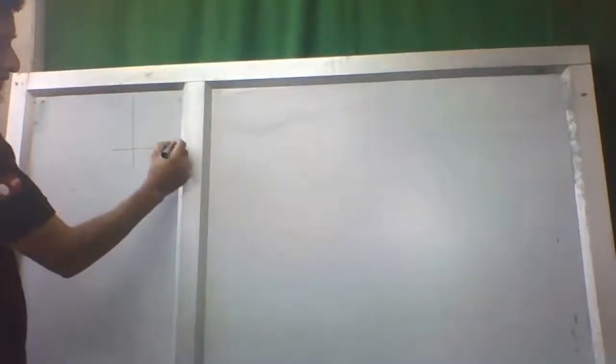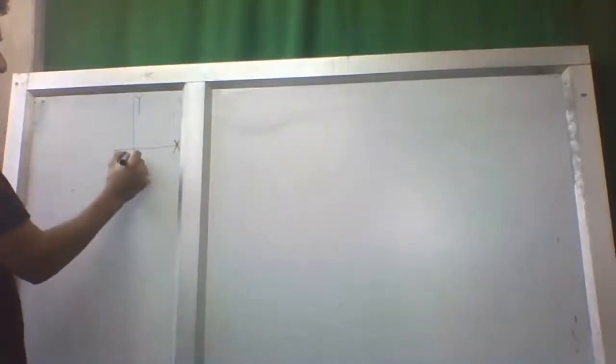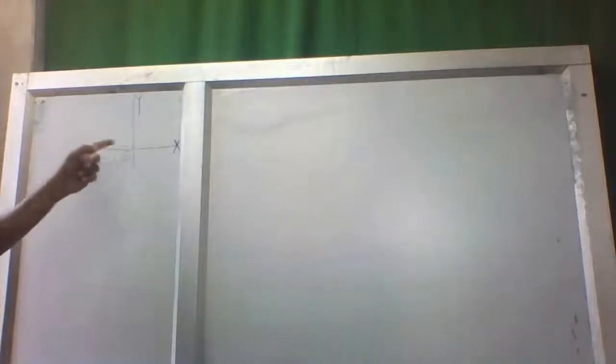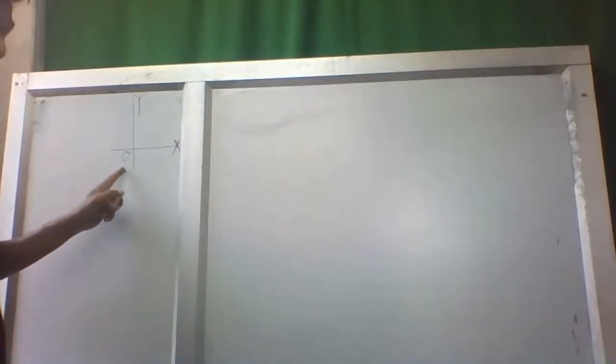So whatever we have learned: this is the y-axis and this is the x-axis and this is the origin. One thing, the x-axis is the horizontal axis, the y-axis is perpendicular, and the origin is where they both meet.